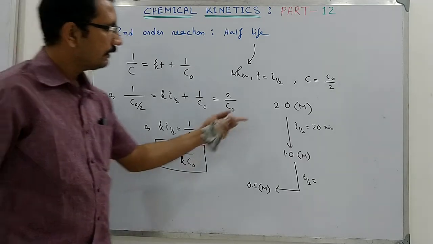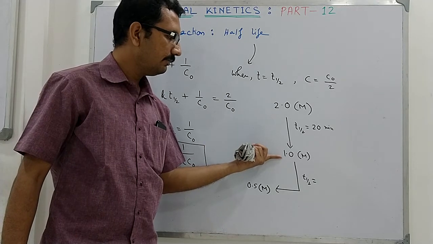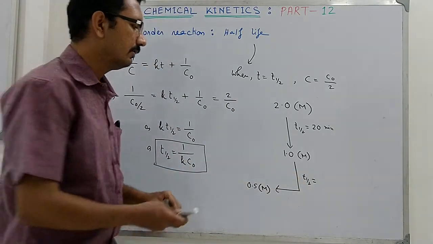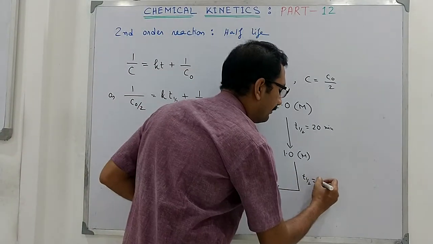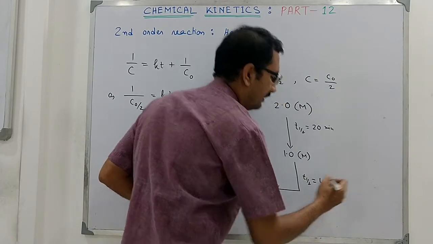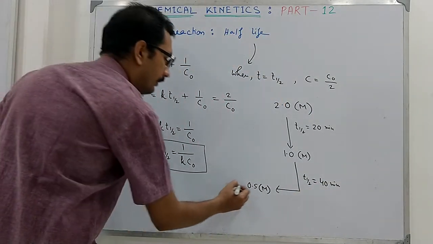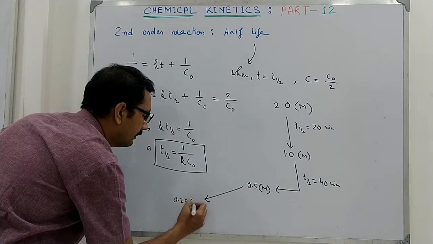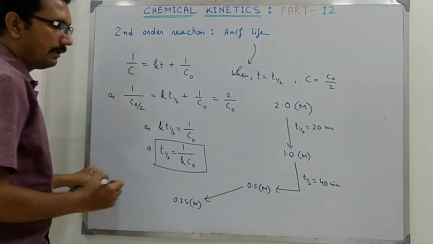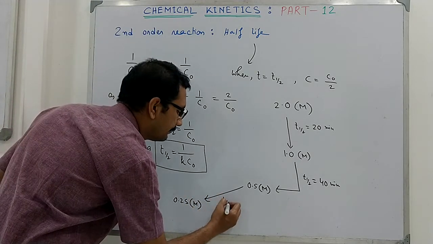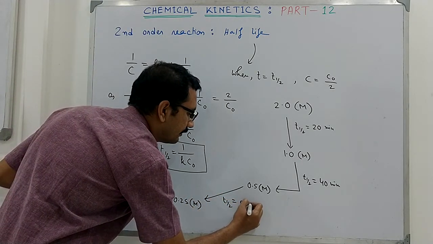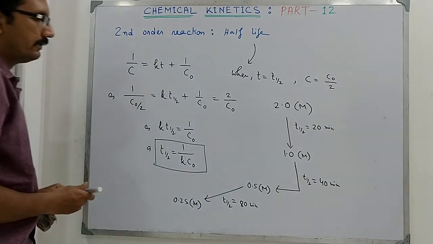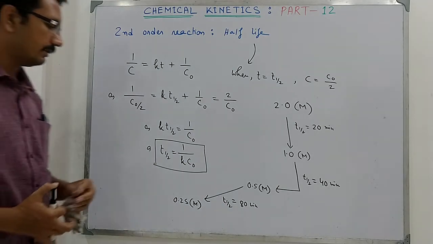So when the concentration gets halved, the half-life will be doubled. So for the next half-life it will require 40 minutes. Now what will be the time required to get it another half? It will be 80 minutes. So this is the half-life of second order reaction.